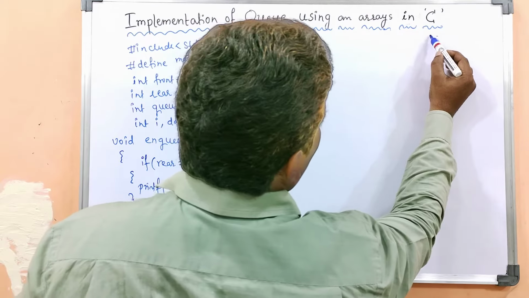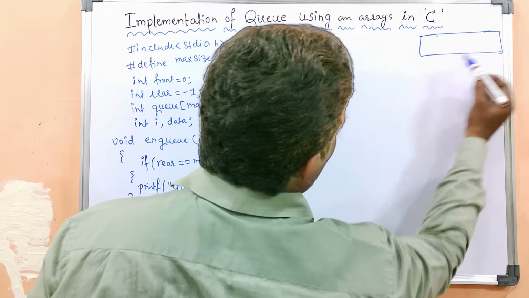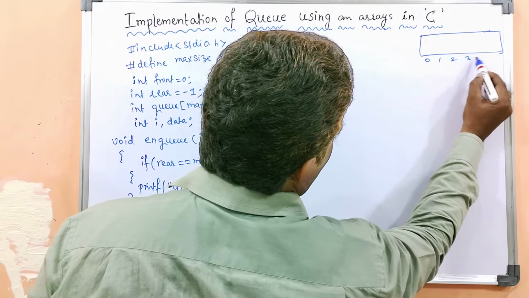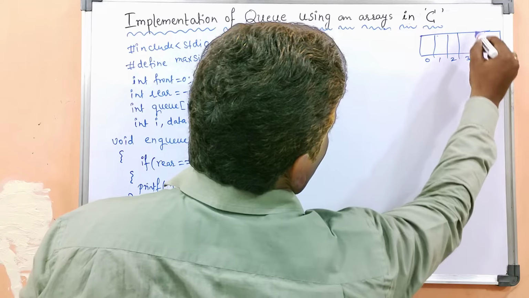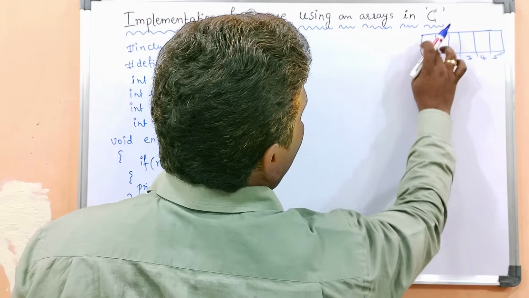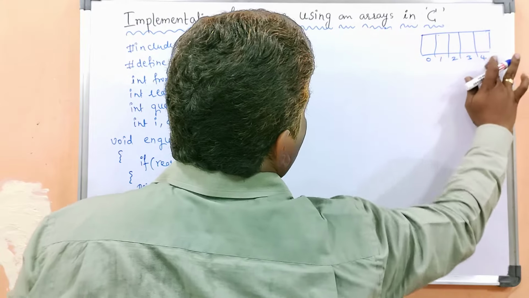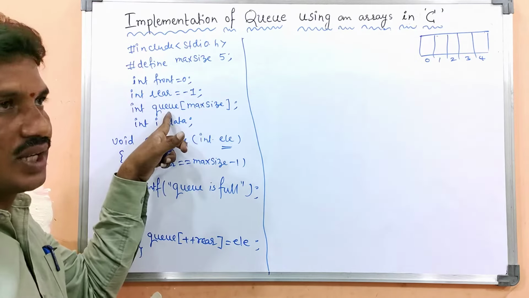What is the size? 1, 2, 3, 4, 5. It is not required to show it because the size is given as 5 for the array queue.